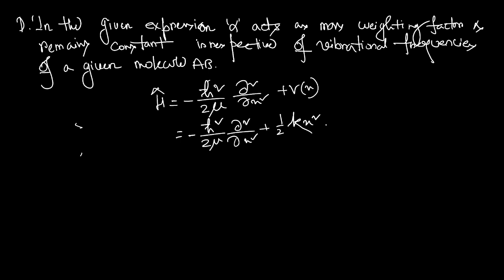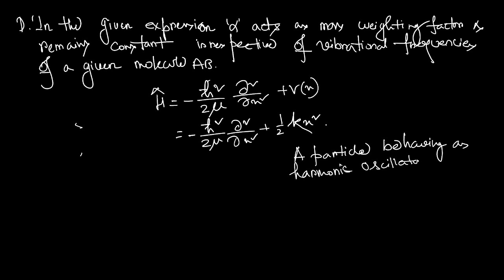But in the case of a harmonic oscillator, there is always a half k x square term which contributes to the potential of the Hamiltonian. Therefore, a particle behaving as a harmonic oscillator cannot be a free particle.